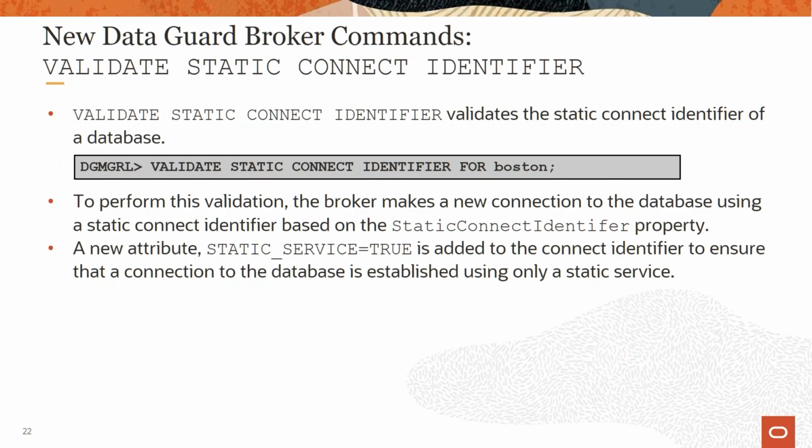So when you connect to one of the databases remotely, in order to restart the database, you must have a service registered with static service registration. So validate static connect identifier for Boston will show you whether static service registration is ready or not in your Data Guard configuration. Let me show you this.